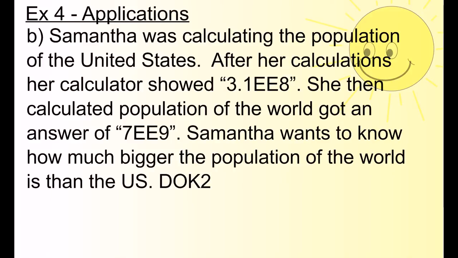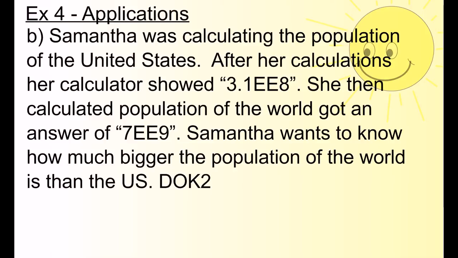Number 2 says Samantha was calculating the population of the United States. After her calculations, her calculator showed 3.1 EE8, as you can see. She then calculated population of the world and got an answer of 7 EE9.